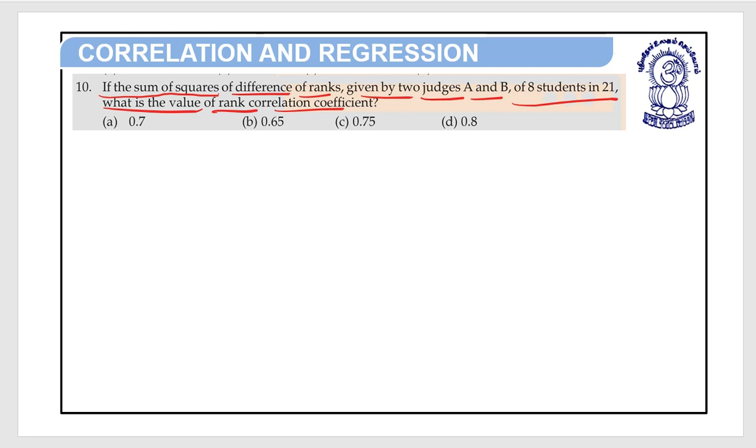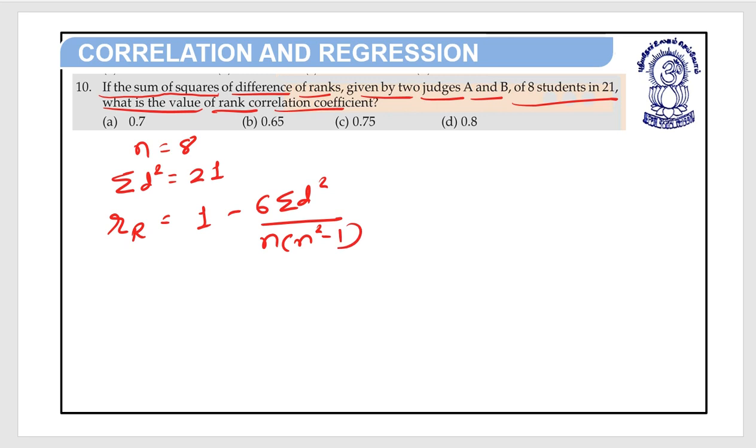The number of students n is equal to 8, and sigma d square is given as 21. The rank correlation coefficient RR is equal to 1 minus 6 sigma d square upon n into n square minus 1. That is the formula. Now put the value of n and sigma d square.